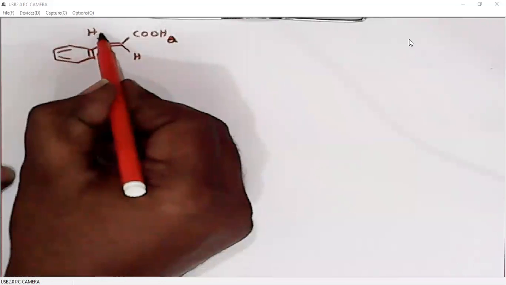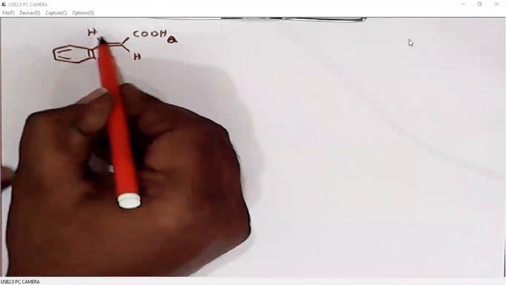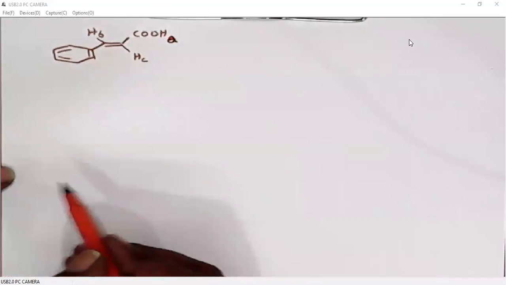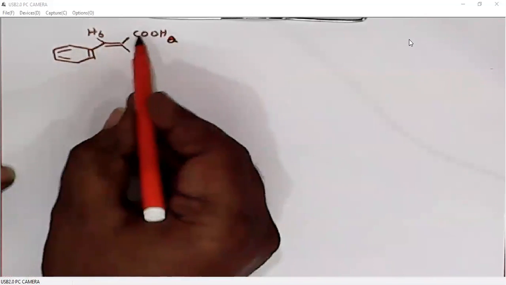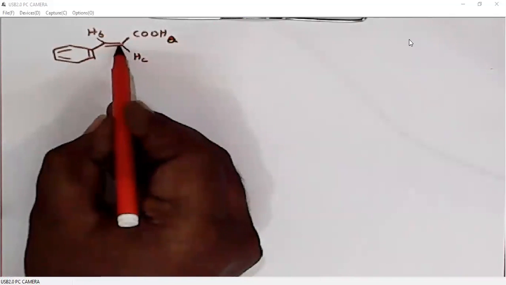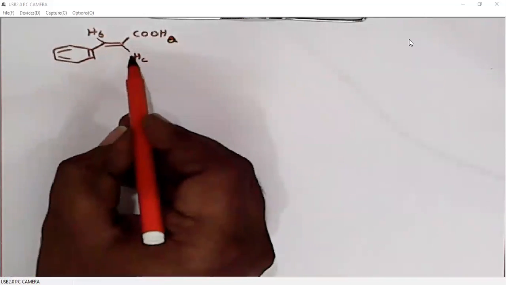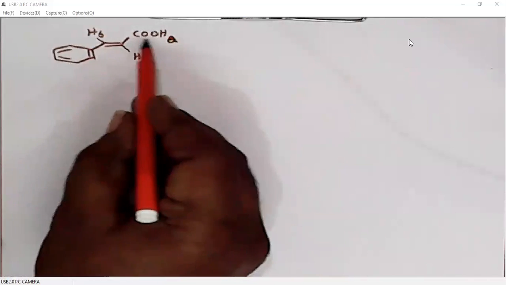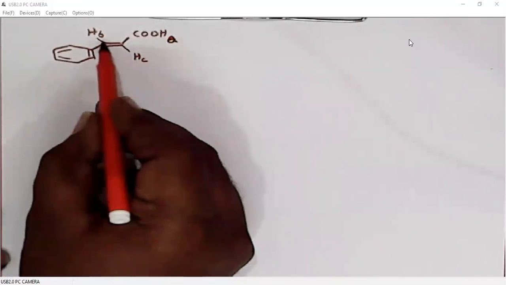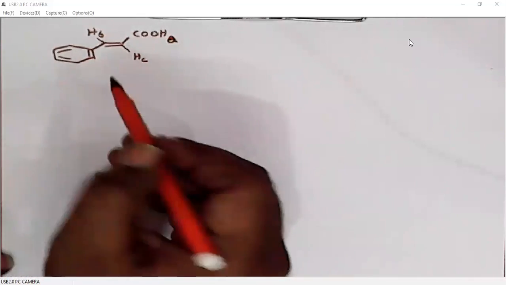Because we have less electron density, we observe a high delta here. When we have releasing groups, we observe a high delta here because we will have more electron density here. So based on the electron releasing or electron withdrawing groups present on a double bond, we can predict the delta values for these two. I'll repeat.